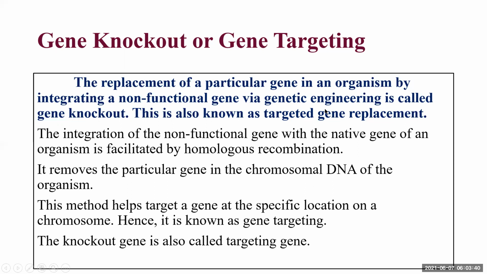And how do we replace that gene? The gene in the organism is replaced by integrating a non-functional gene. That means a functional gene is replaced by a non-functional gene. This replacement process, by which we remove a functional gene and replace it with a non-functional gene, is called gene knockout, gene targeting, or gene replacement.